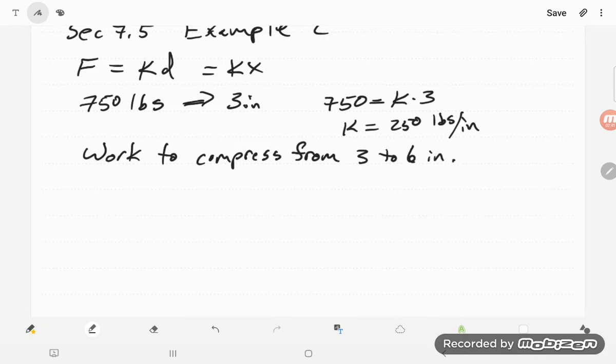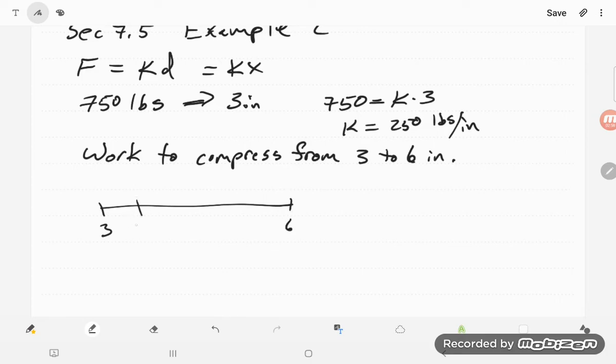Because we compressed 3 inches, now we want to go in another 3 inches, so from 3 to 6.